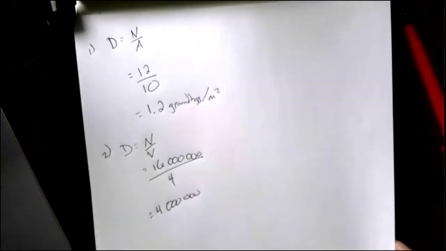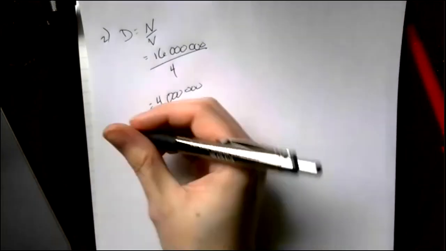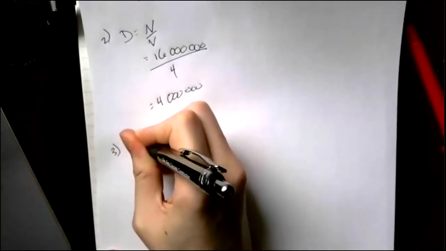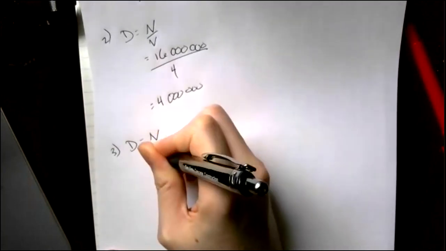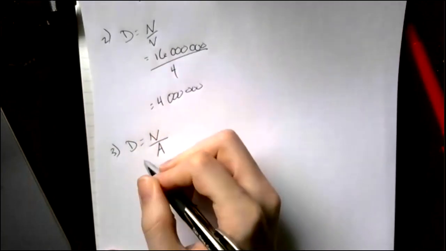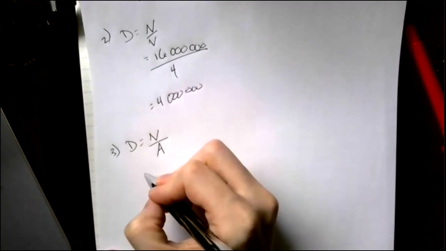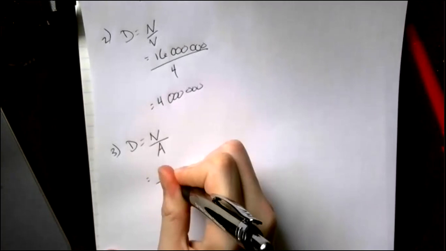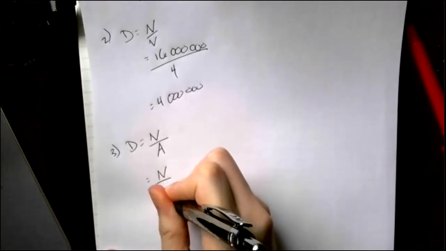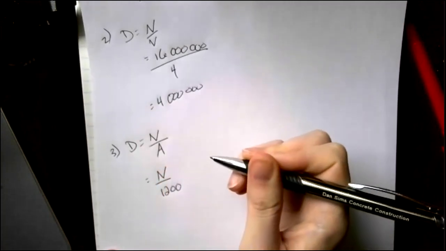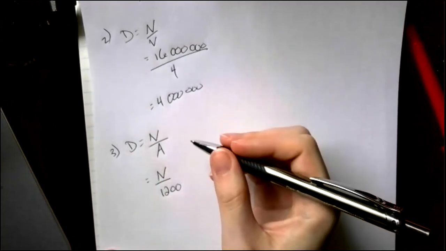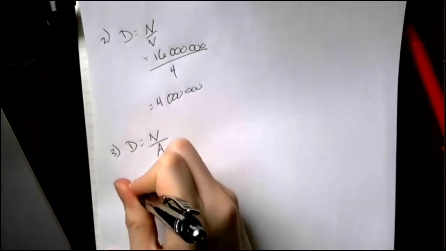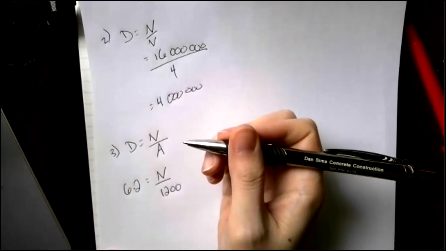And then the next question asks us to figure out the population size. So we're still going to be using the same formula, but this time we have the density and the area. It says the population is living in 1,200 meters squared, and the density is 6.2 individuals per meter squared.